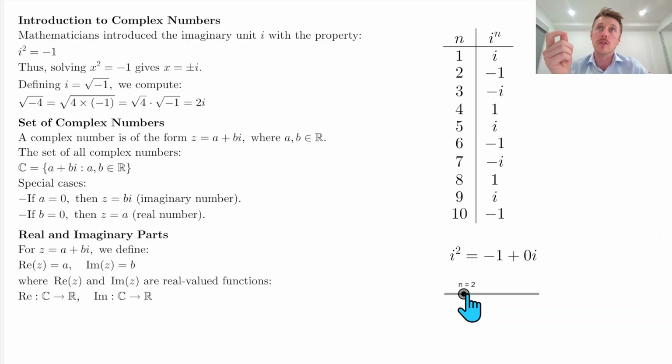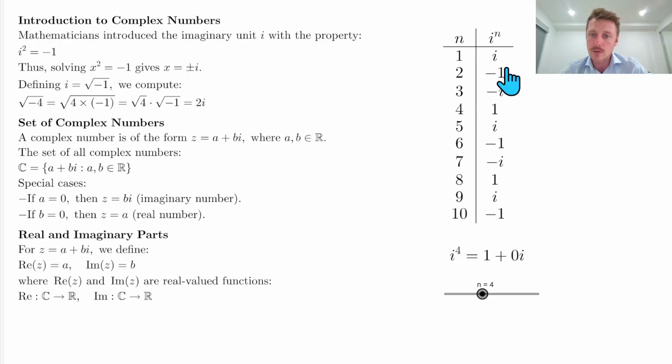Anyway, i cubed, let's think. That's going to give us -i, because if we take i squared, which is -1, and multiply by i, -1 multiplied by i is just -i. Then we go to 4, and it becomes +1, because we're taking i squared multiplied by i squared, which is -1 times -1, which is +1, and there's no imaginary component.